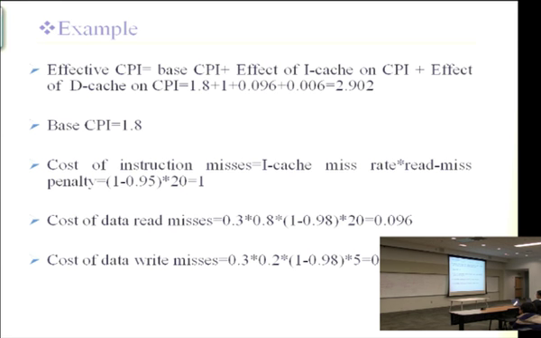So we have a CPI for D cache, and this one is for read.